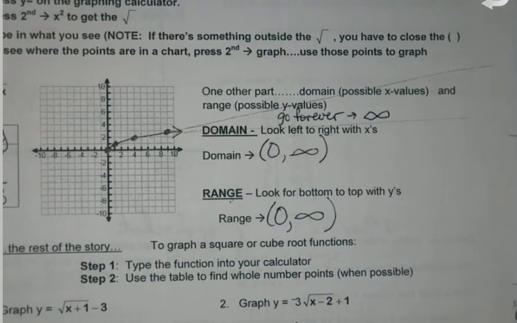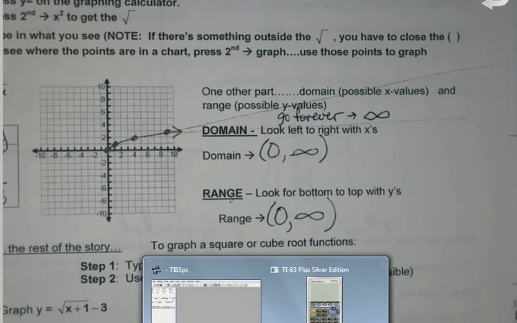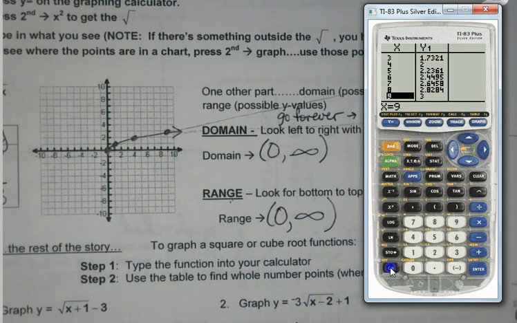Okay? Because here's the other thing that might help you. If you're not sure sometime on your domain or your range, you're like, wait a minute, if I start going up, what's all this error that keeps coming up? Error means there's no value, there's no y value for that. So what that tells me is once I start running into error messages, I can't go that direction any further.